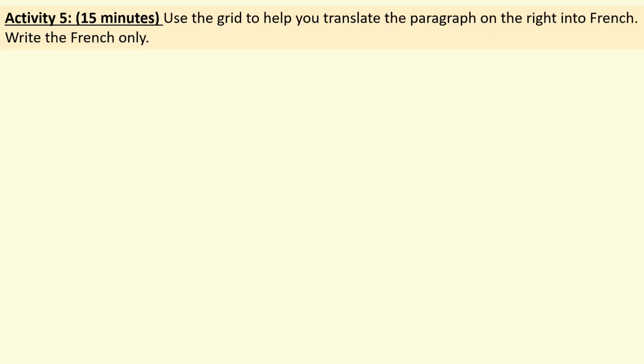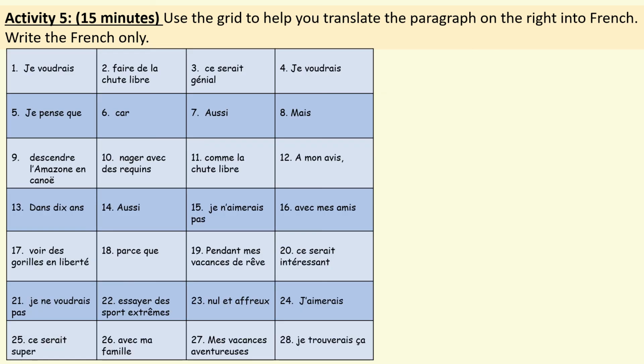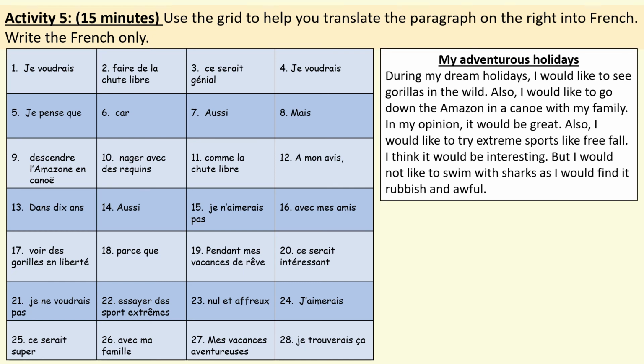For our final activity, I am giving you the following grid. So you've got 28 phrases typed up in that grid. You need to use those phrases to translate the following text. So your job is, in your exercise book, to write this text in French using the phrases you have on the side.